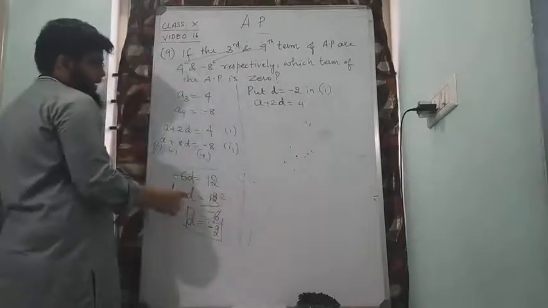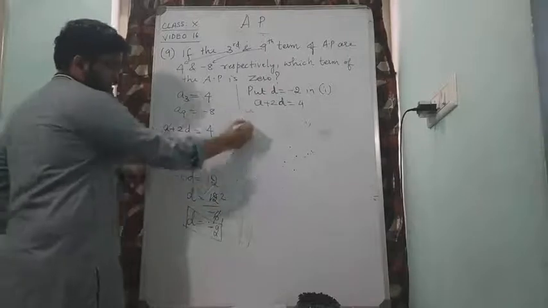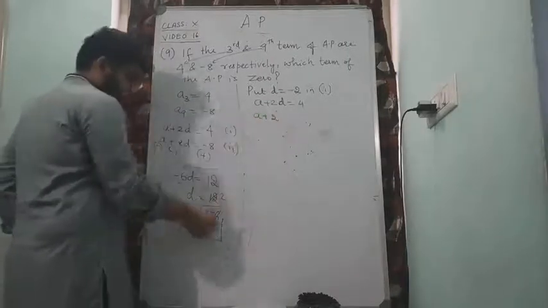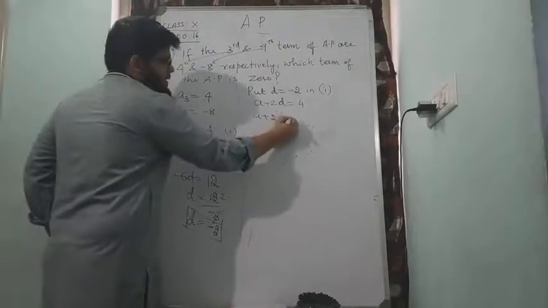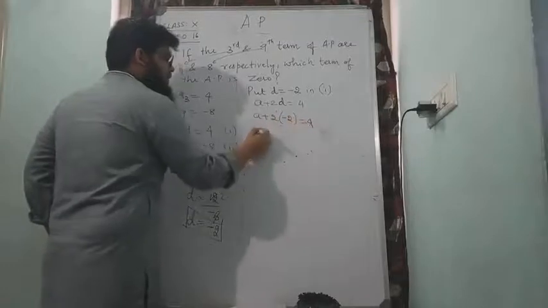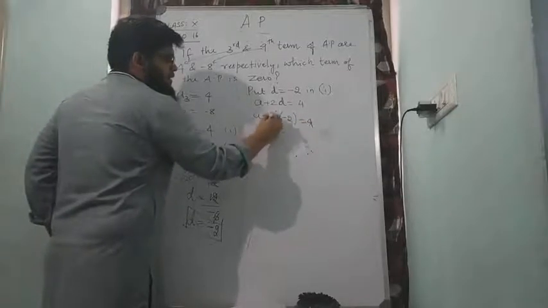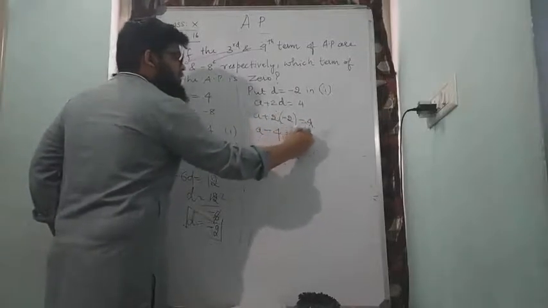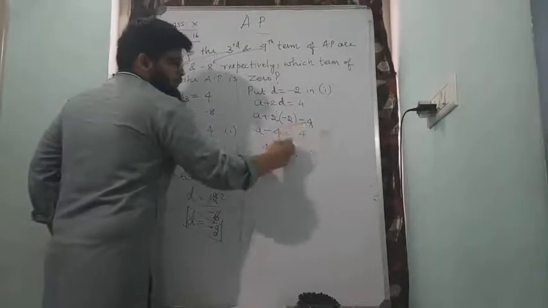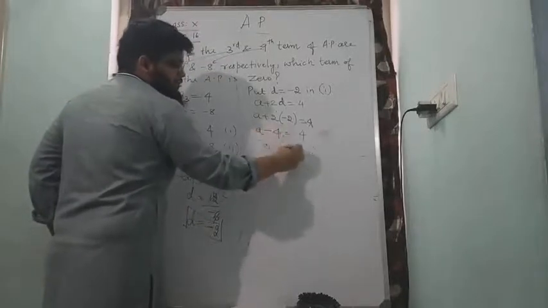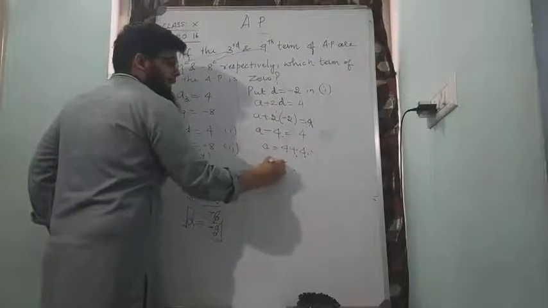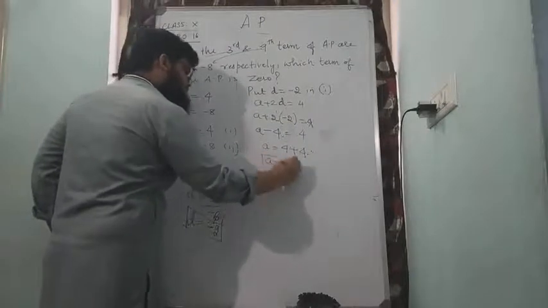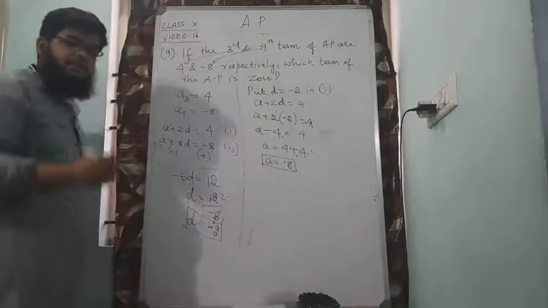The value of A we are finding out, plus 2 into the value of D, minus 2, is equal to 4. Plus into minus is minus. 2 2s are 4, is equal to 4. A is equal to 4, I will write first. Minus 4 when I shift now it will become plus 4. A equals 4 plus 4 is 8. So the value of A is equal to 8.